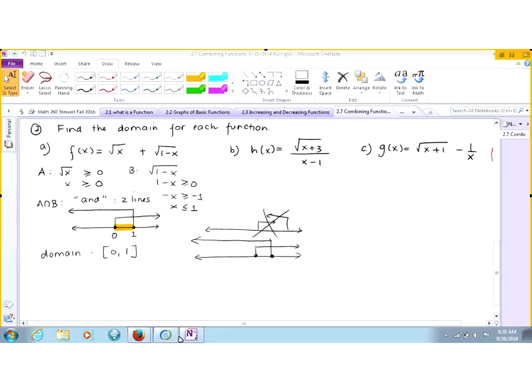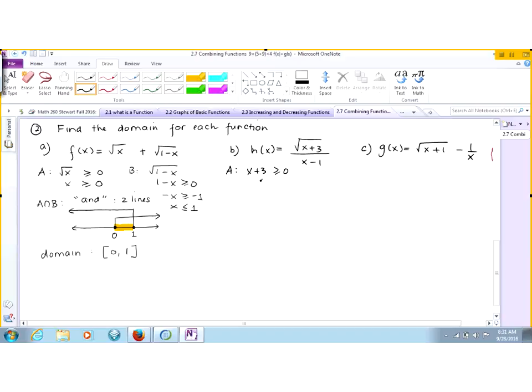Now, let's talk about B. So, are you done with B? Okay, so what do we do here with B? What is A? X plus 3 is greater than or equal to 0. So X must be greater than or equal to negative 3. Good. What is B? What is the domain of the denominator? What is the domain of X minus 1?